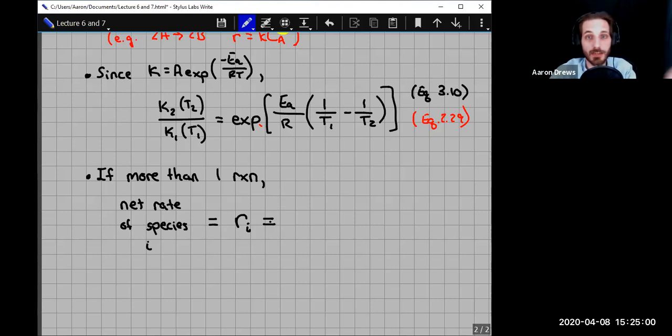If you want to know the net rate of I, you sum up all of the rates of I in each one of the individual reactions. And so if we write that in math, what that looks like is the sum over all of the reactions, so there's up to Q reactions, of the stoichiometric coefficient times the rate for that particular reaction.